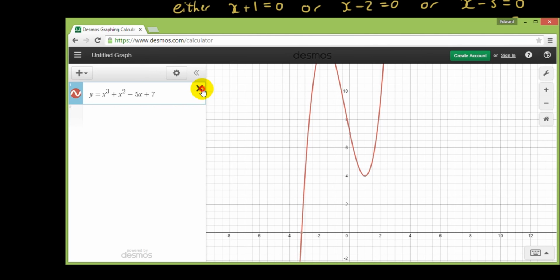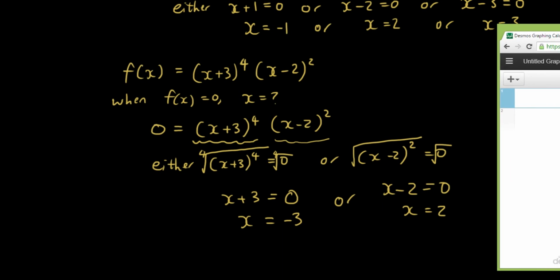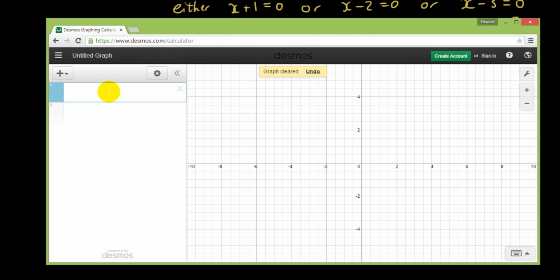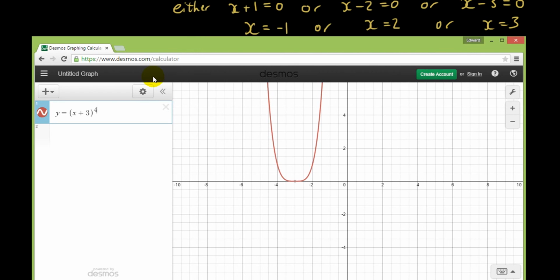Let's type that equation in. On Desmos we have y equals (x plus 3) to the power of 4, and (x minus 2) to the power of 2.